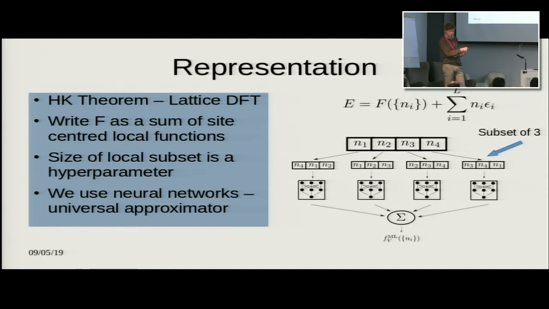It's the same neural network; we're using weight sharing. We sum them up, and this is our universal function. The size of the subset is a hyperparameter that we have to choose. And finally, we're using neural networks because, as already mentioned, they're universal approximators, so they should be able to model any continuous function given enough data.